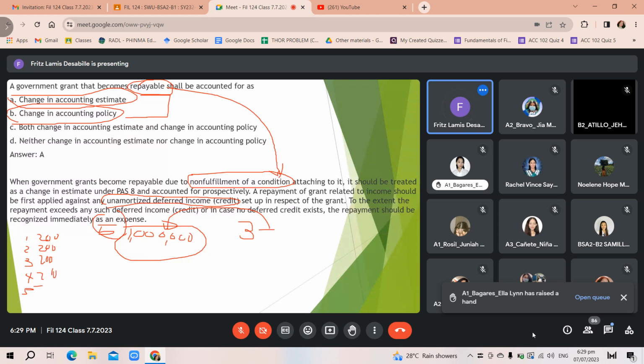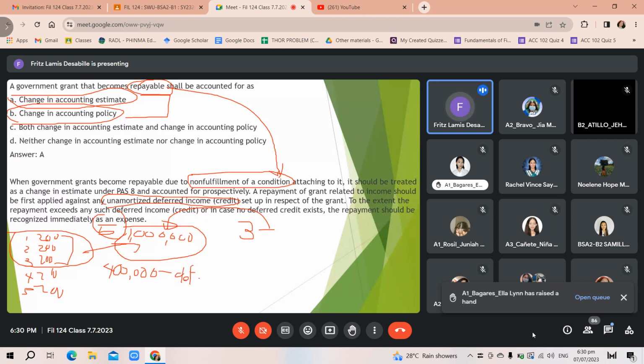But at the end of year 3, the 1 million becomes repayable. So what do we do? At the end of year 3, the remaining balance is 400,000 of unearned income or deferred income. This is the deferred grant income.